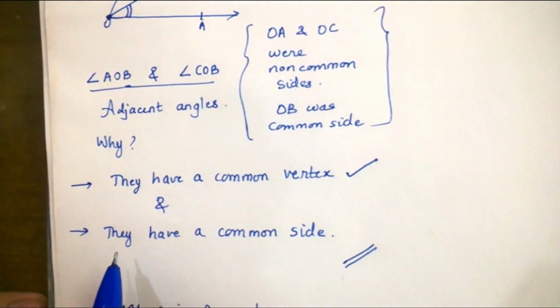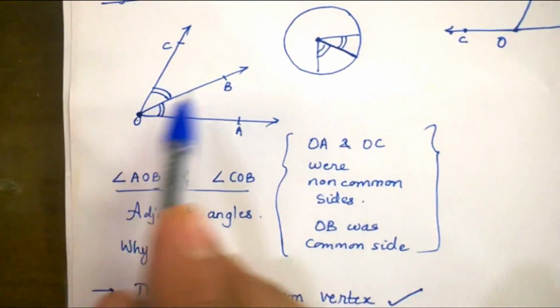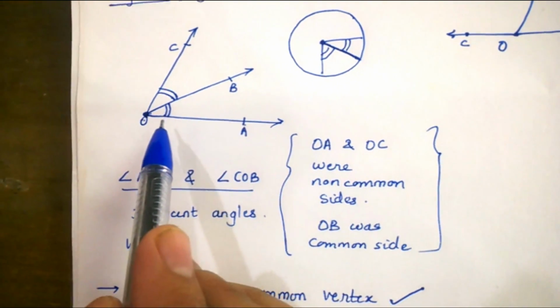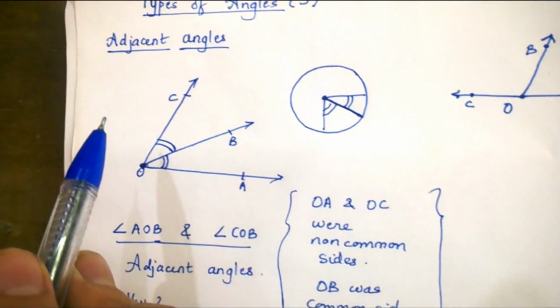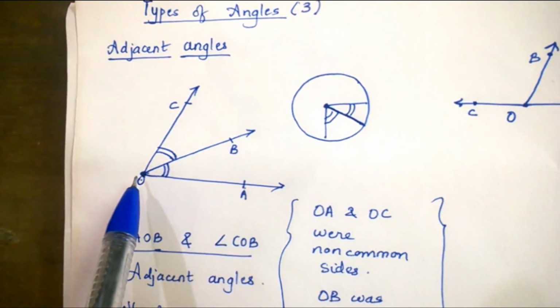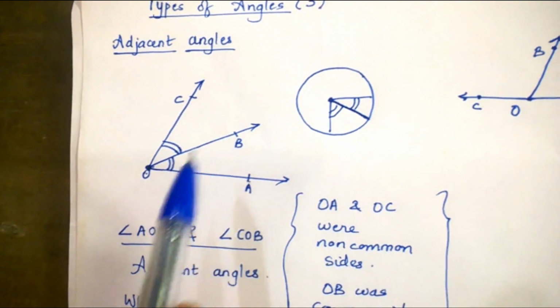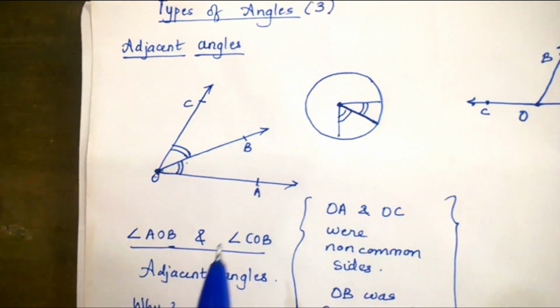And the next reason is they have a common side OB. So adjacent angles are those angles which share a common vertex and a common side. So this and this both form adjacent angles.